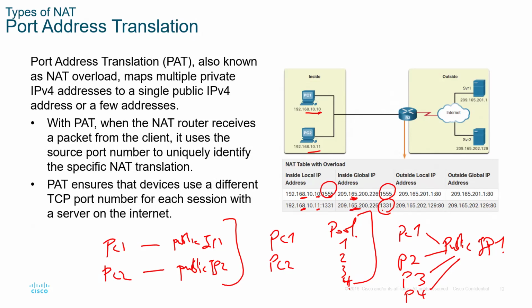The reason why we cannot have inbound sessions is because of the inconsistency with the translation between the private and the public addresses. When you discuss how PAT functions, we'll open up and see why we cannot have inbound sessions starting from the outside network.